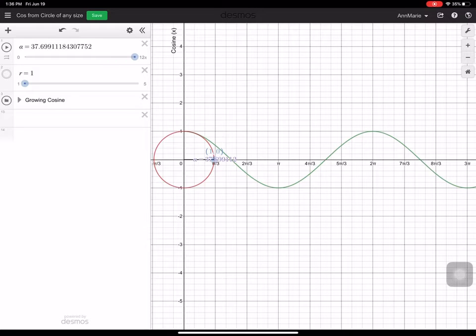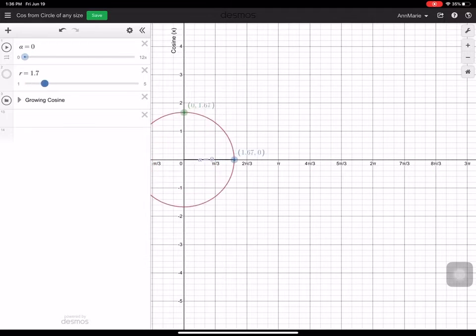Let's look at what happens when we make our circle bigger. So if I make my circle, say, radius 3. Notice that this green point at the top of my circle is my starting point for cosine.